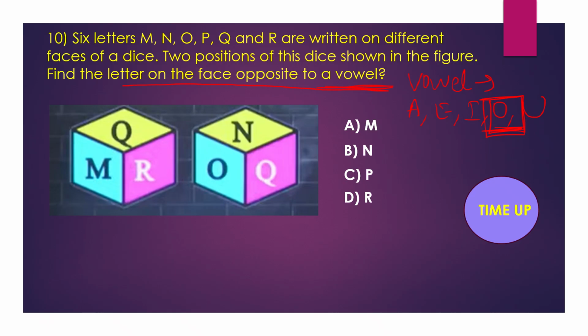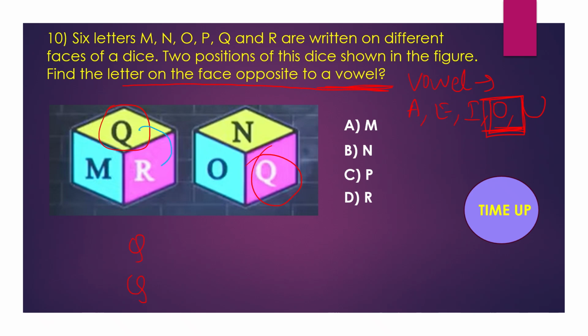So how many faces are common in the dice now? Which face is common? Q. Only one face is common, correct? So first you write down the faces and then you will go in the clockwise direction.